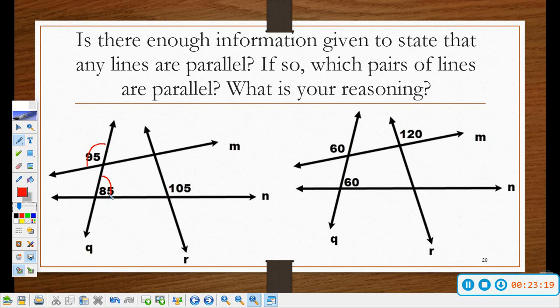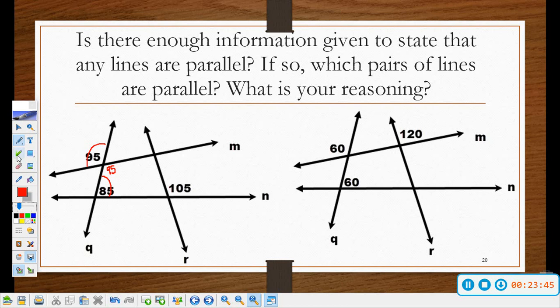Well, 95, they really don't have a name, but this would be 95 and 95. And so for M to be parallel to N, that would mean that 95 plus 85 has to equal 180, and it does.